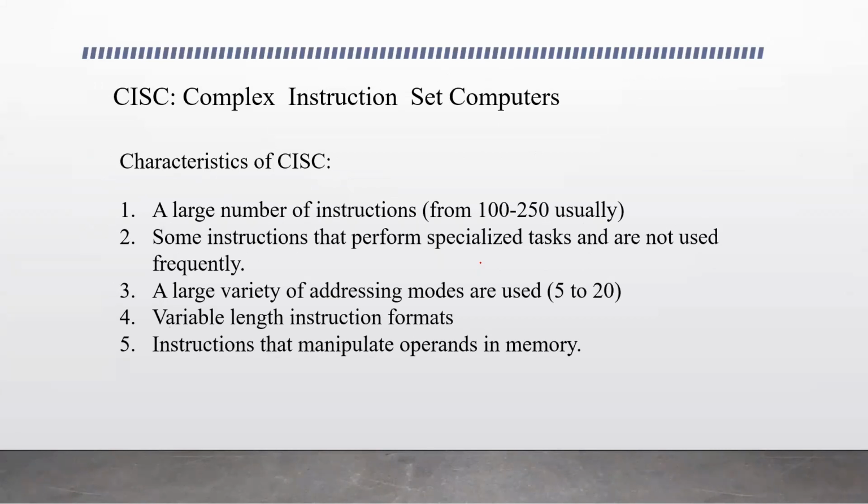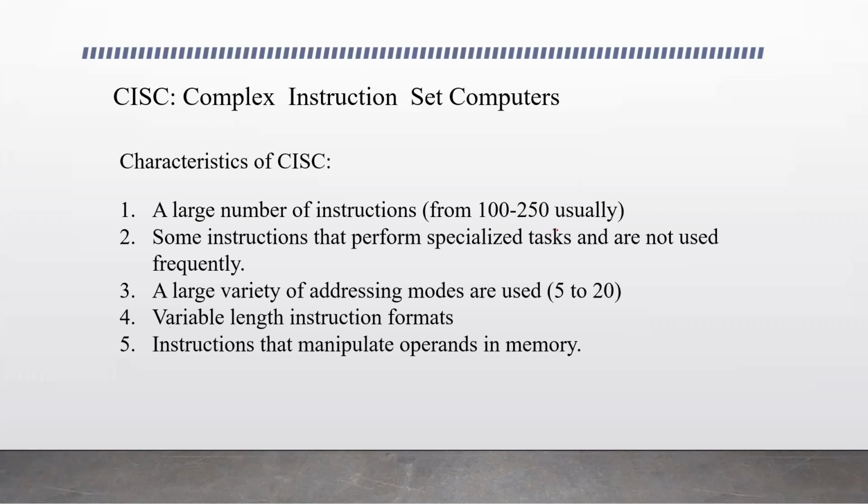Before learning what RISC is, let's look into CISC, complex instruction set computers. The main characteristics of complex instruction set computers, as we have seen, are a large number of instructions. There are many instructions available, generally 100 to 250.